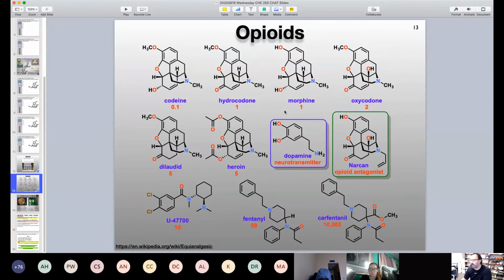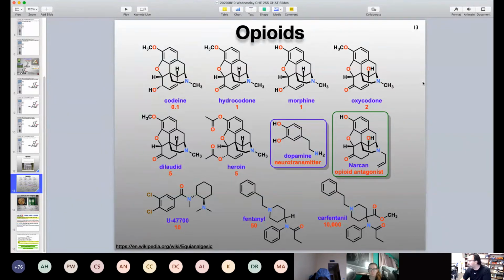Those are equally potent molecules. Codeine is 1/10 the potency. And what has changed in codeine? We're keeping this alcohol group the same, but we're putting in this group here.